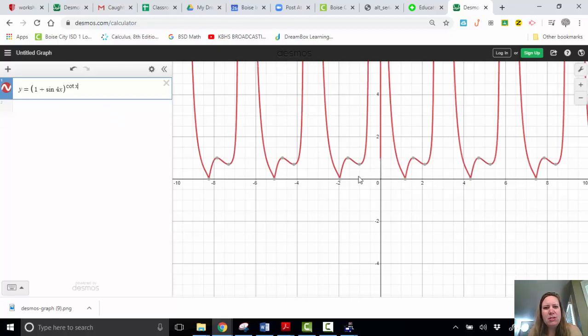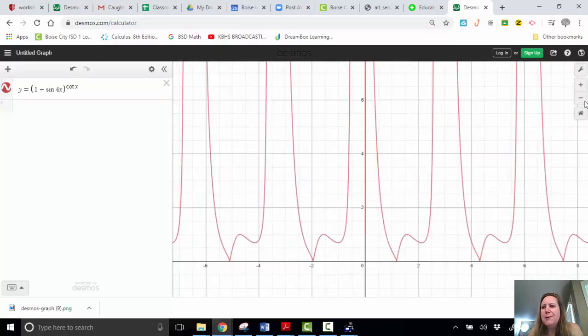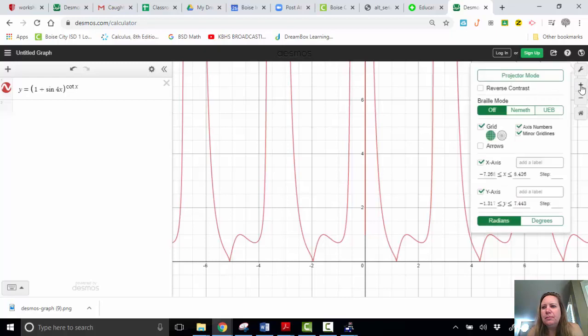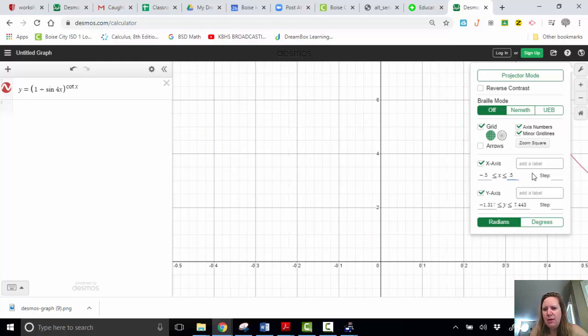And again, we were really interested in what was happening at 0. If it will let me, it's not wanting to do anything right now. There we go, we're zooming in a little bit. Okay, let's see if we can get this to work. So I'm just going to go a little bit to the left of 0. Maybe if we do negative 0.5 to 0.5.